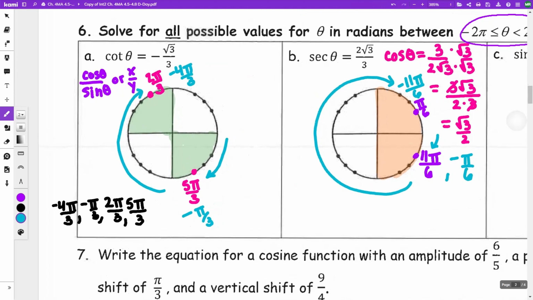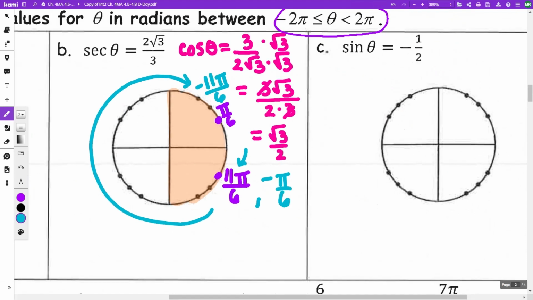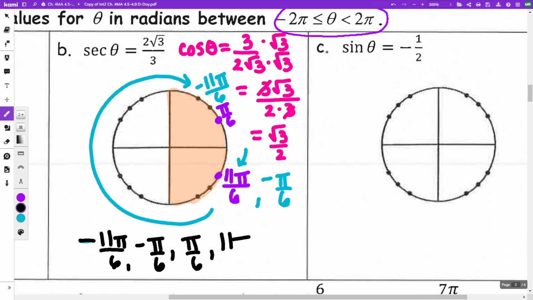Pay attention to how you're moving around the unit circle. So our answers are basically going to be a negative 11 pi over 6, a negative pi over 6, a positive pi over 6, a positive 11 pi over 6.